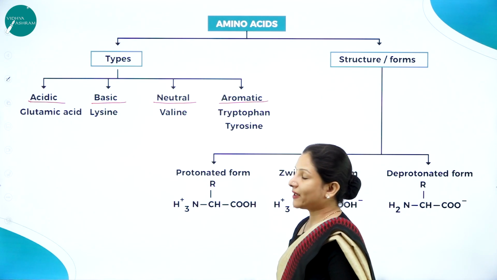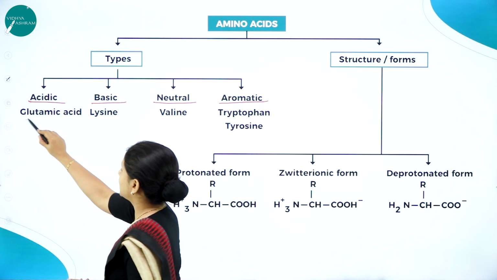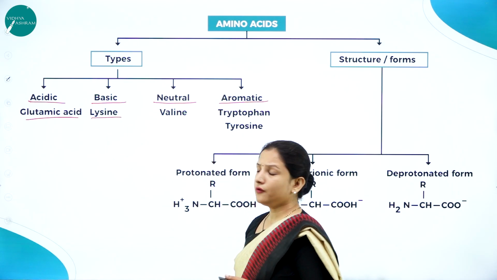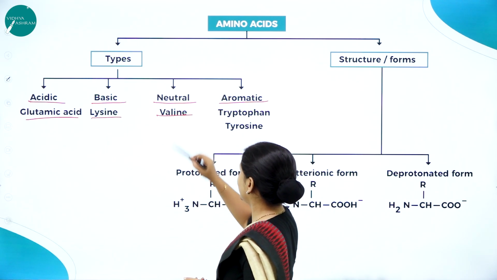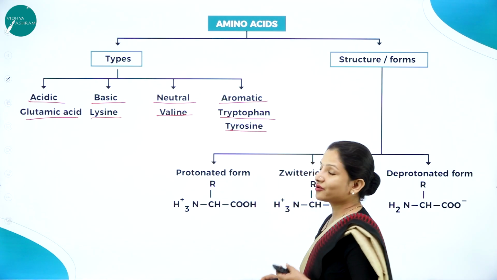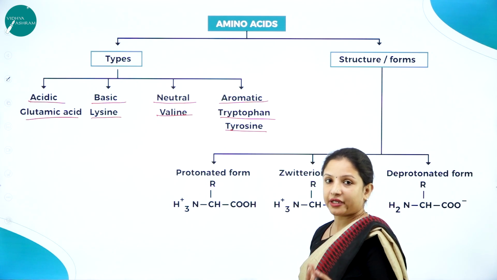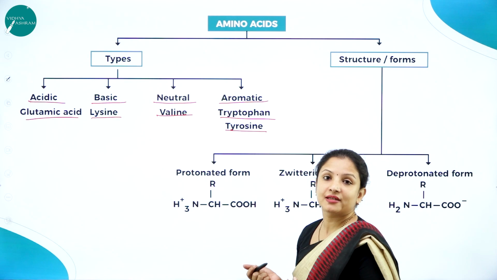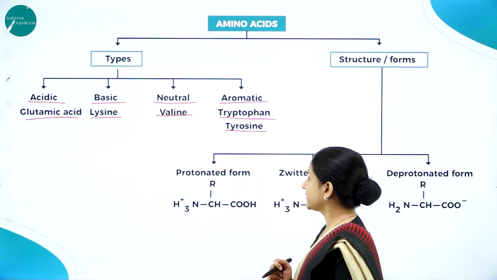For acidic amino acid, one of the best examples is glutamic acid. For basic amino acid, it is lysine. For neutral amino acid, it is valine. For aromatic amino acids, it's tryptophan and tyrosine. There are 20 to 21 different types of amino acids, but I have put here the examples that have been mentioned in the NCERT textbook.